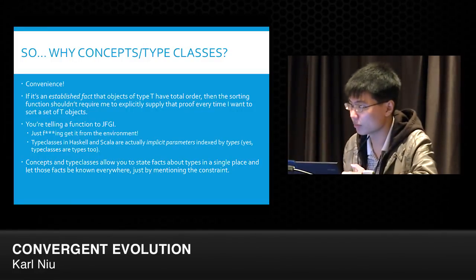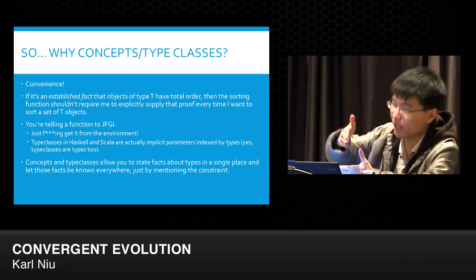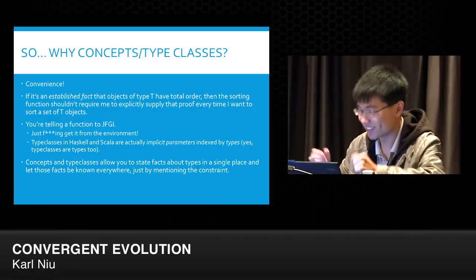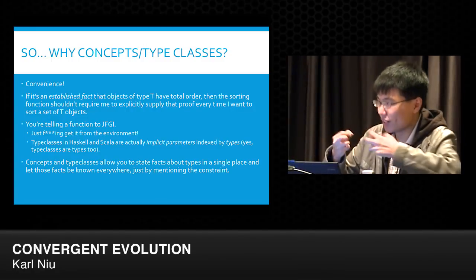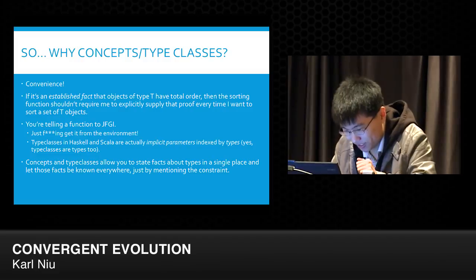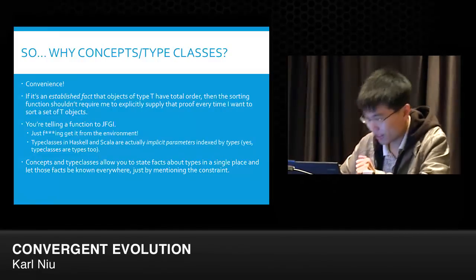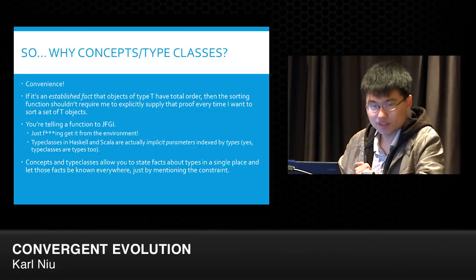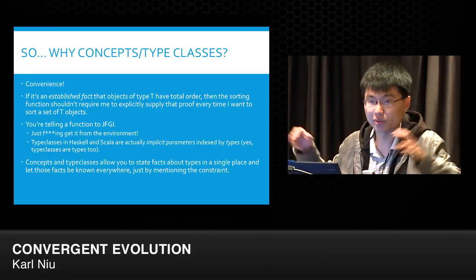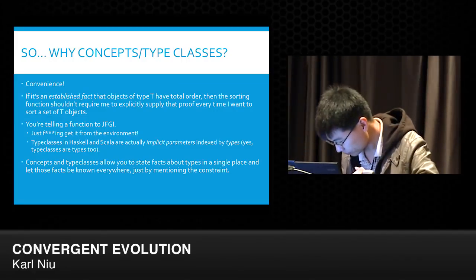By mentioning the type class, by mentioning the type, you're indexing into what you've told the compiler already, and you can bring it out. Here's a record of these methods, and you use them directly. So that's what they are. Concepts and type classes allow you to state facts about types in a single place, and then those facts are known everywhere just by mentioning the constraint.